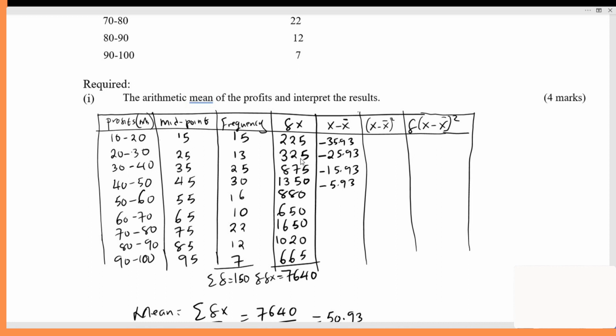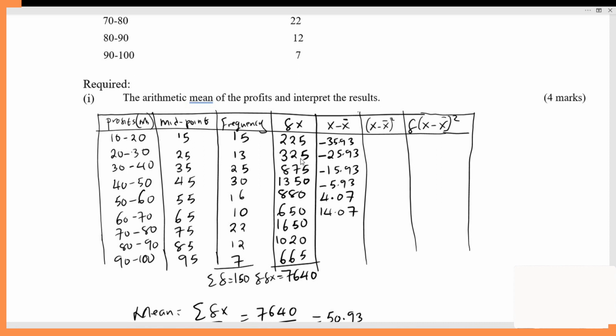Then 55 minus 50.93 gives me 4.07. 65 minus 50.93 gives me 14.07.